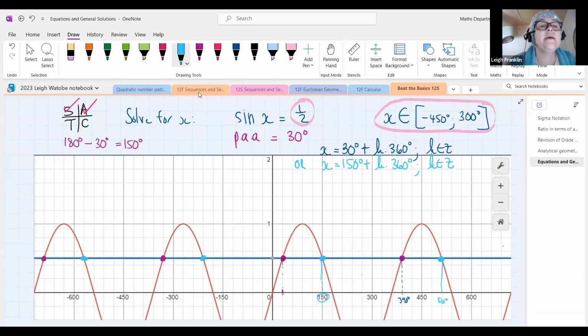Look here, guys, here's minus 330 there. That was if K was equal to -1. If K is equal to -2, then 360 times -2 is minus 720 plus 30. That gives me minus 690. That is this one over here.